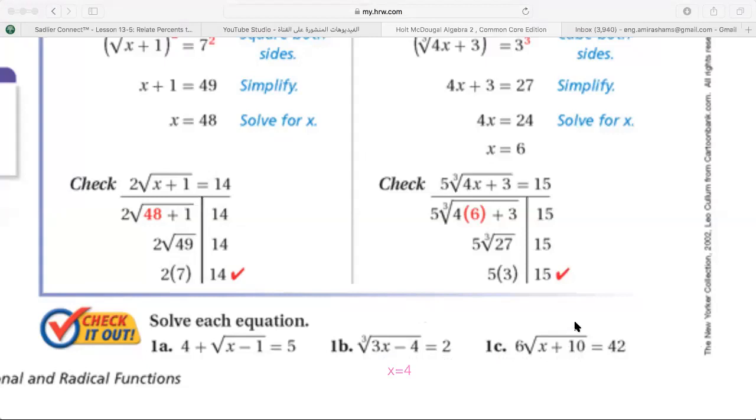Okay, let's do 1c. Square root of x plus 10 is equal to 48. Okay, I can answer it here. So I'm going to raise both sides to the power of the index, which is 2.